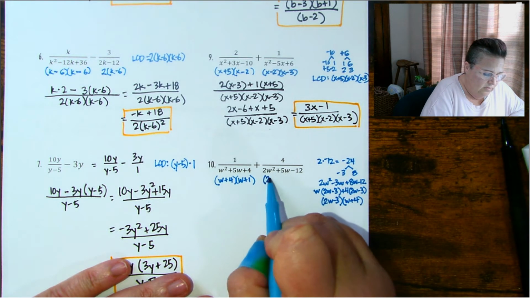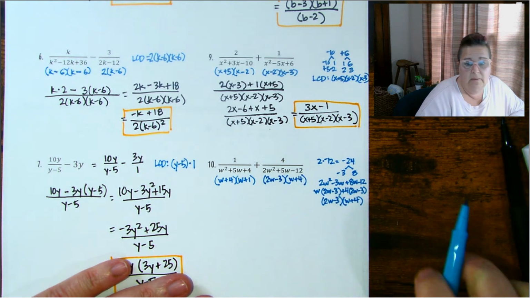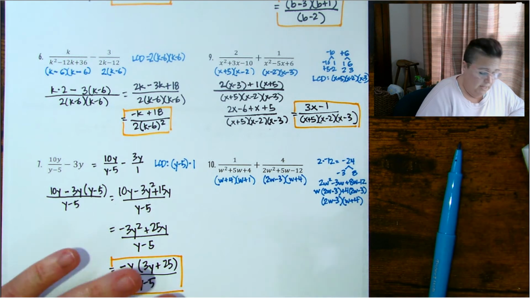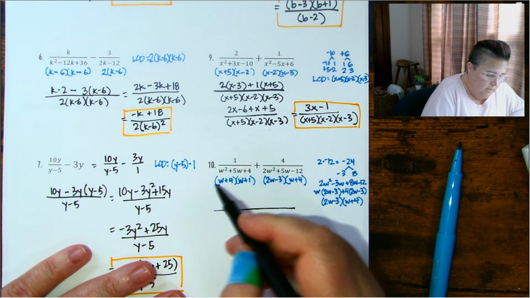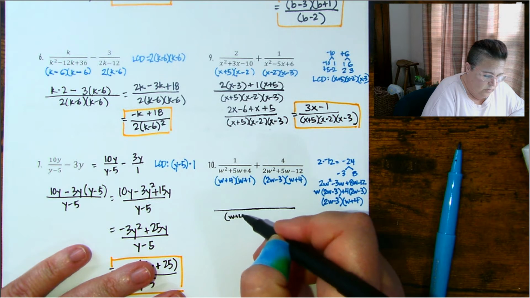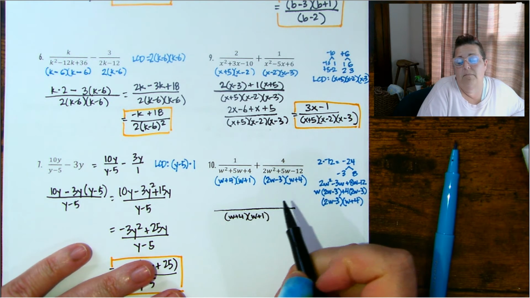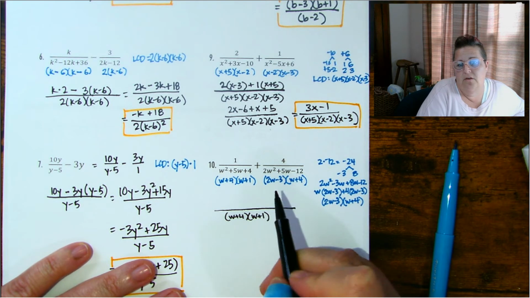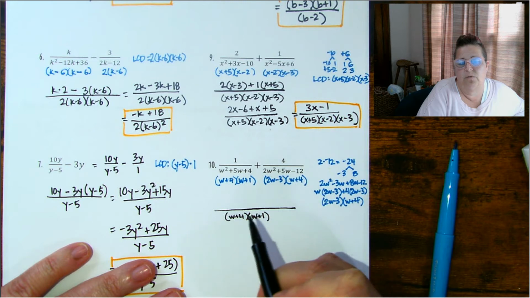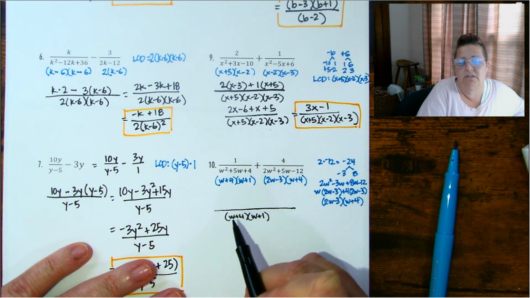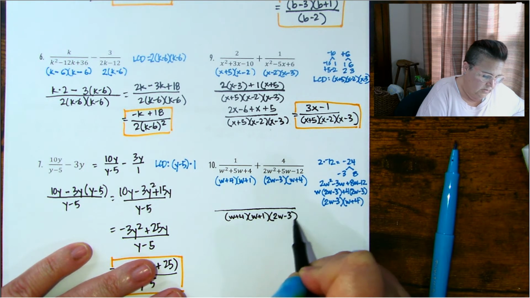So this factors into 2w minus 3, w plus 4. This means that my common denominator, which would be everything in the first, w plus 4 times w plus 1, is then combined with what's left in the second. Well, the w plus 4 is already included, so I don't need to include that again. And then I have 2w minus 3.